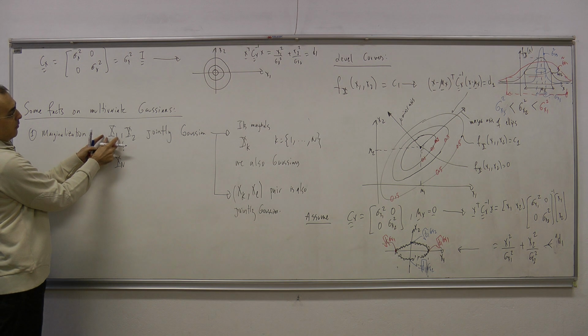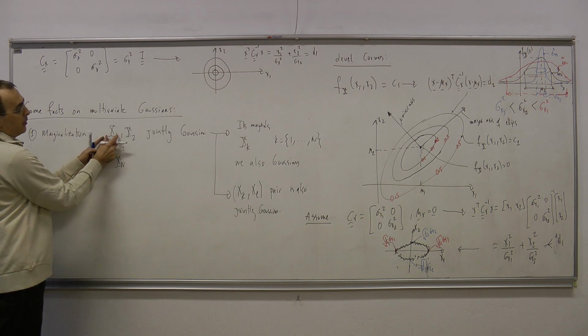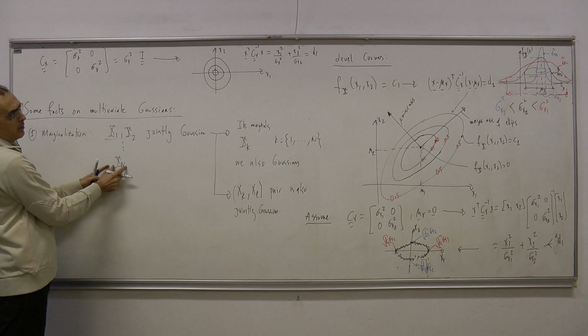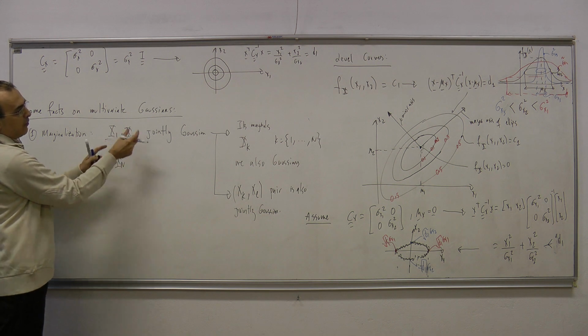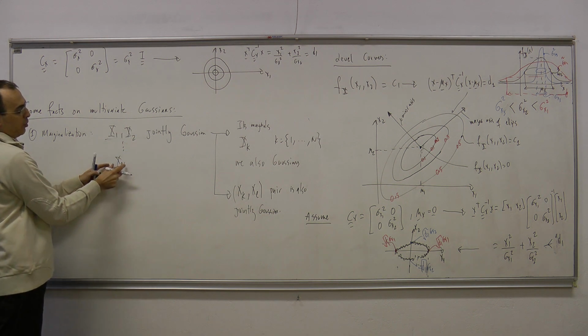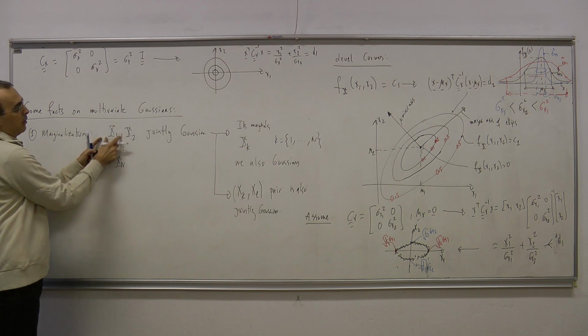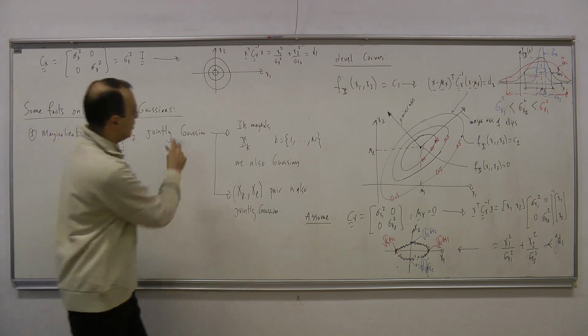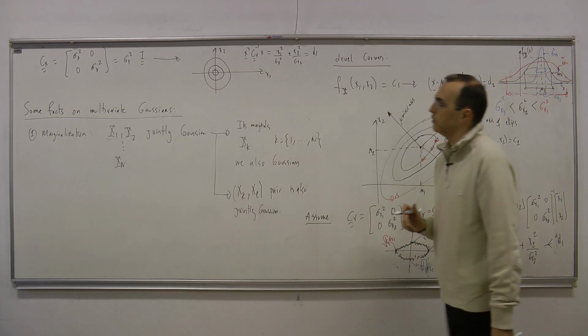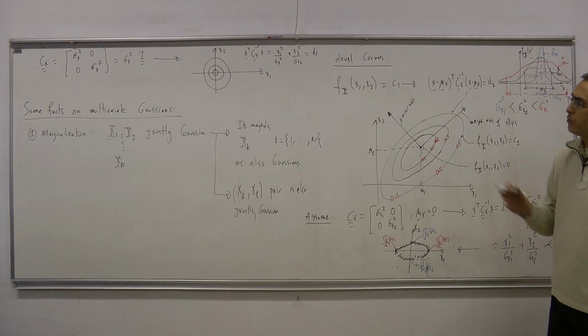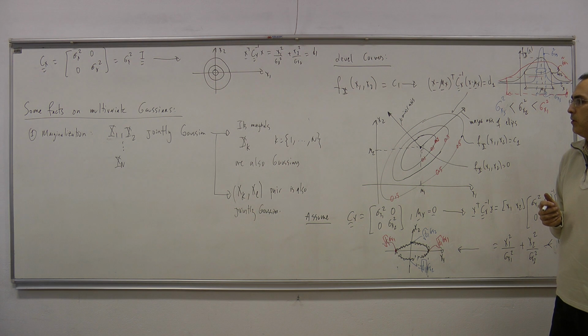That moment generating function has variables s1, s2, sn, let's say. If you substitute in the final result s2 equal to 0, sn equal to 0, you get the moment generating function of the marginal. And when you look at that expression after substitution, you get the Gaussian's moment generating function. So the proof, if you do it that way, is very trivial.